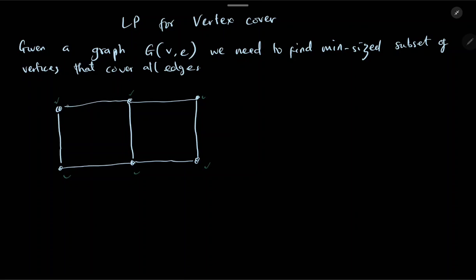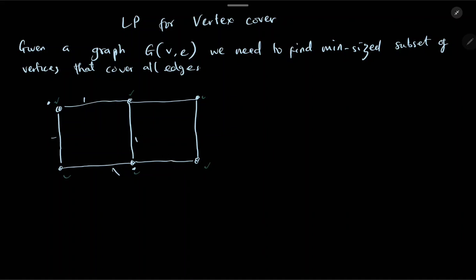So we can start from here. This edge and this edge, let's say they are covered by this one. So we've chosen this, and these two edges are covered. This edge and this edge, let's say they are covered by this one, and that means this and this are covered.